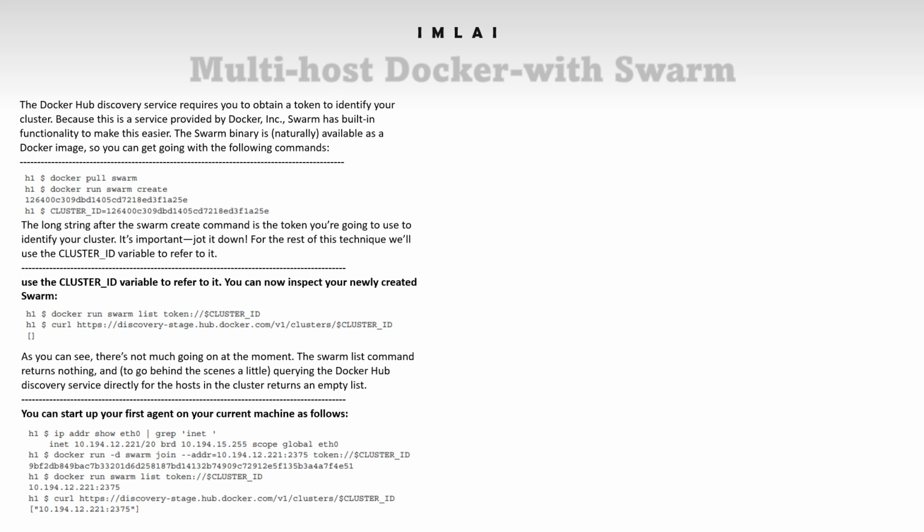The first step is to identify the IP address that the master will use to connect to the agent, via whatever method you are most comfortable with. The IP address is used when starting the agent and will be reported to the discovery service, which means the swarm list command will be updated with the new agent information.